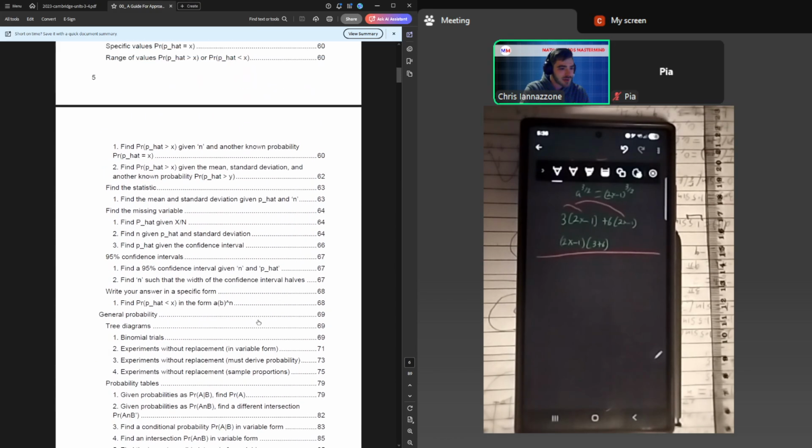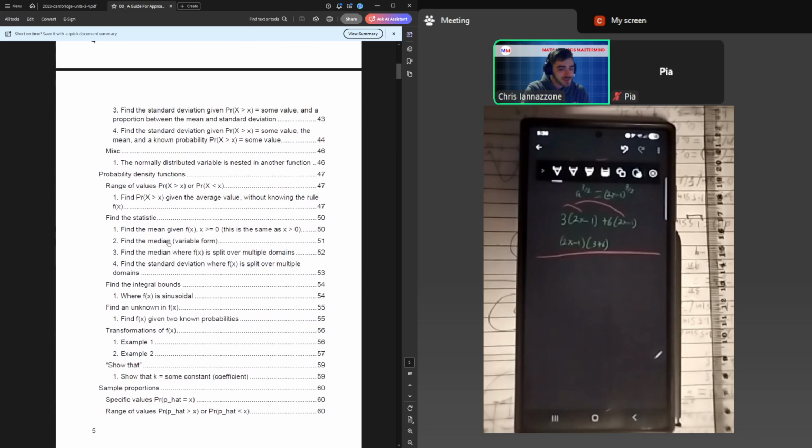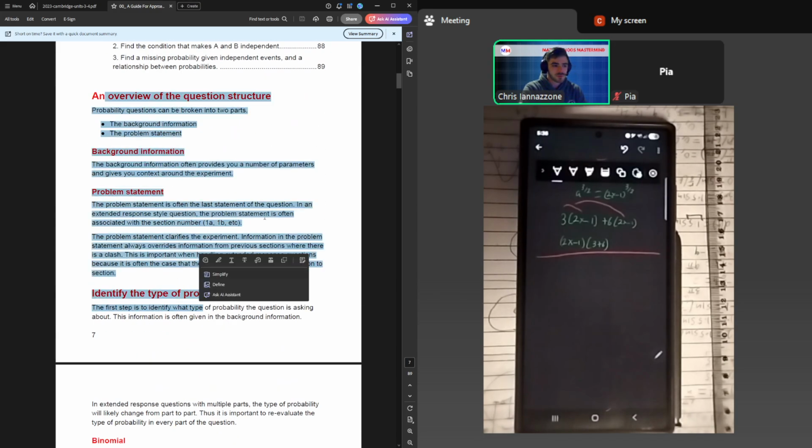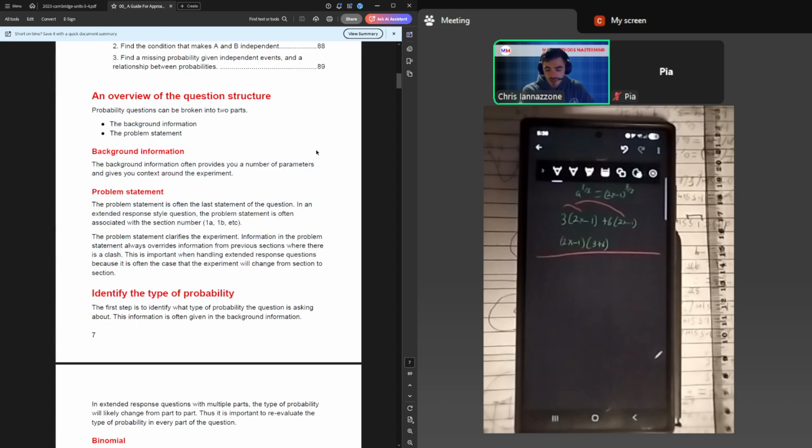Now, I don't think having all of that is particularly helpful. If you do want to access this, let me know. I'm more than happy to give it to you, but I don't see it being particularly helpful, except for the first part, which gives you an overview of how you can go about solving these kinds of questions.